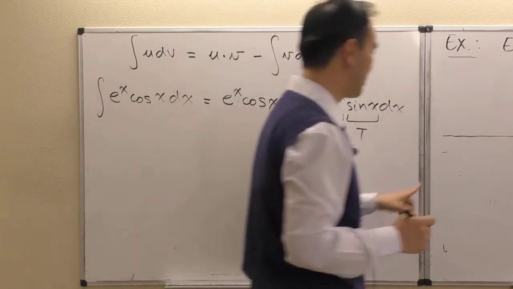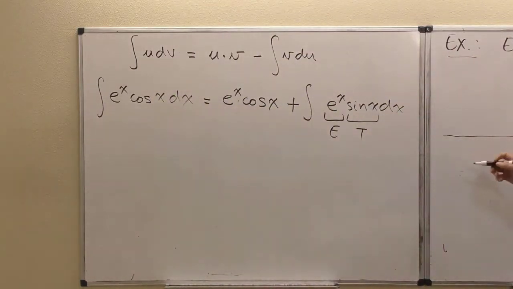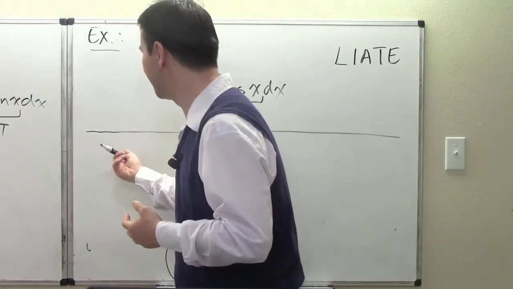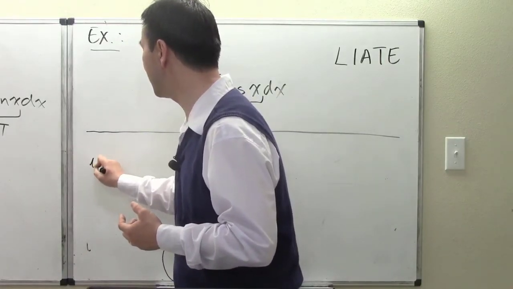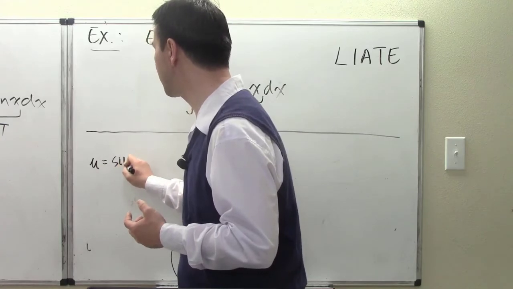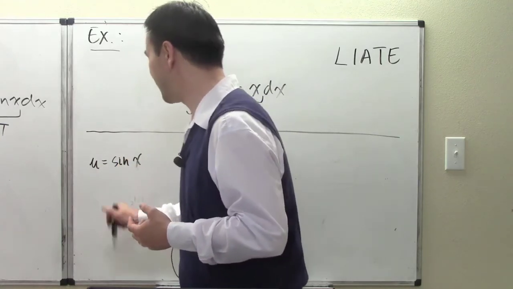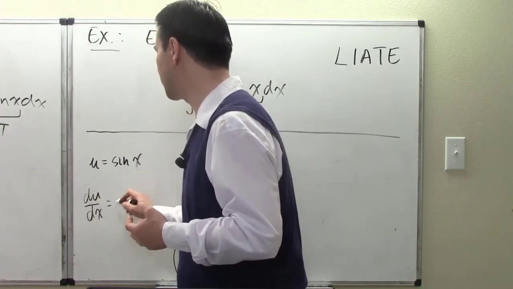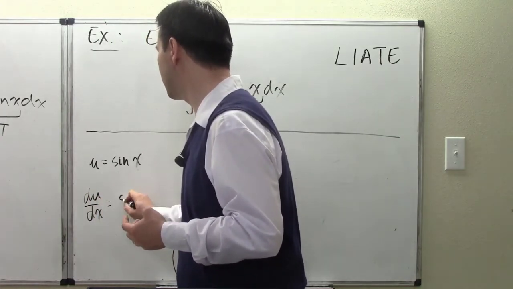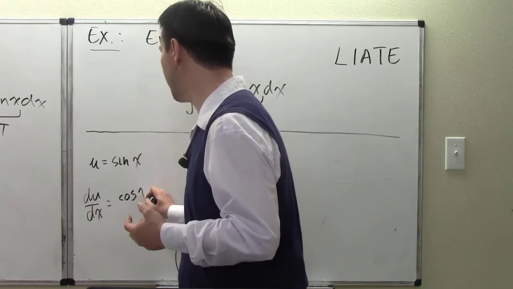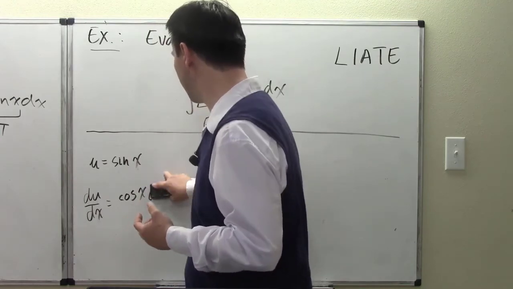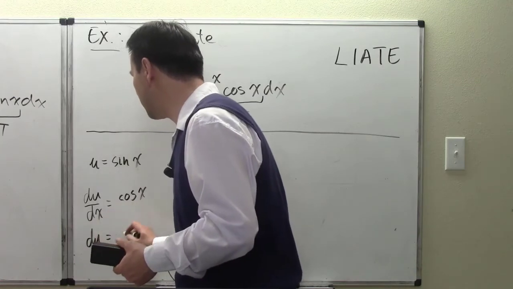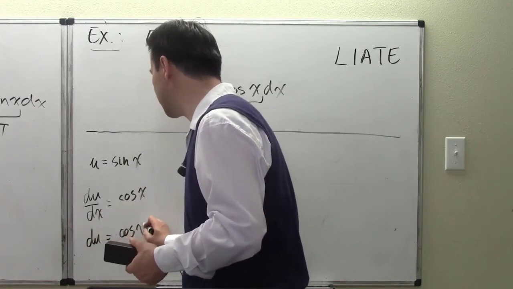Okay, and so now my u is chosen, in this LIATE guideline, to be sine of x. That means du dx equals cosine of x, and that consequently leads to du equals cosine of x dx.